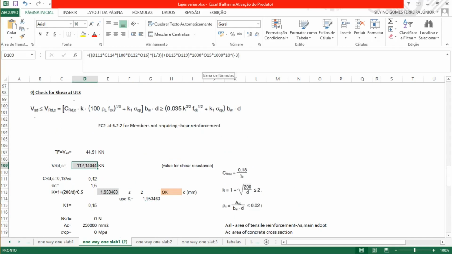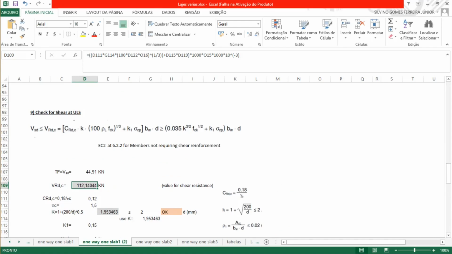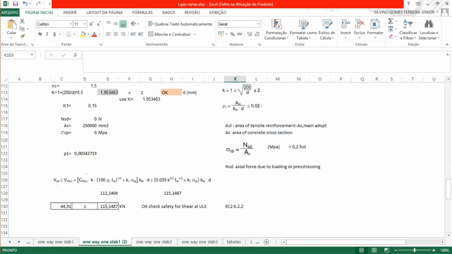For this one we get 112 kilonewtons for the shear resistance, and for this other side the equation gives us 115, and the maximum between these two is 115.